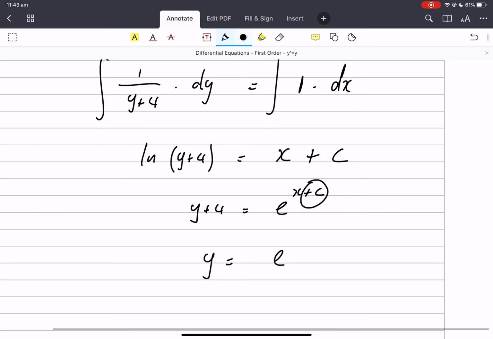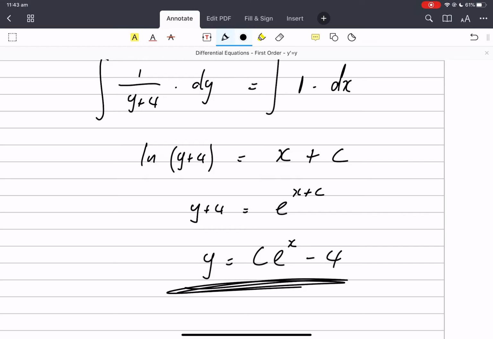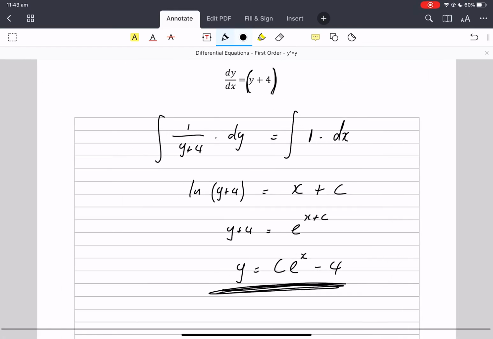Let's get rid of that c. So that will be e to the c. e to the c is just c. There we go, we'll be doing a bit more of that. There you go, that's our first foray into first order differential equations where there's a y in the equation.